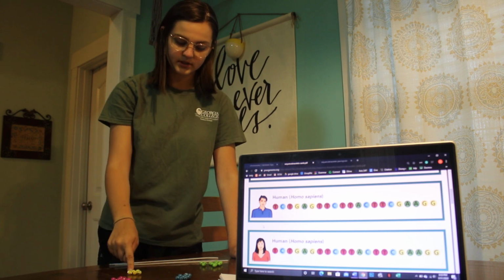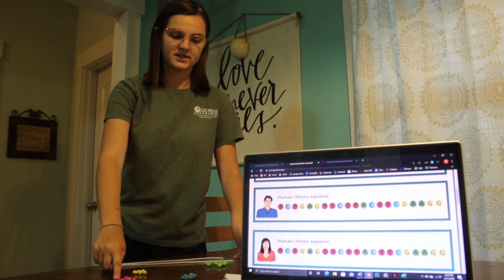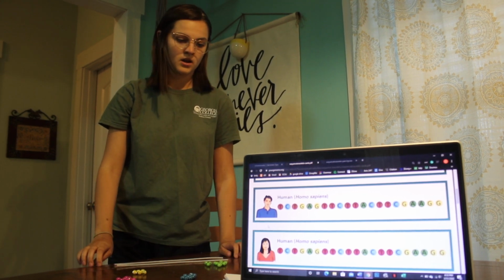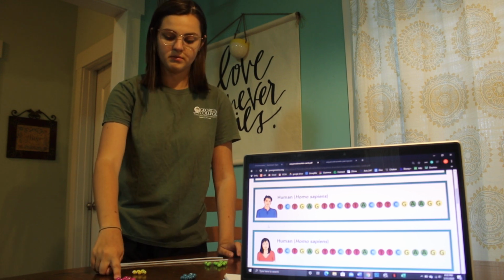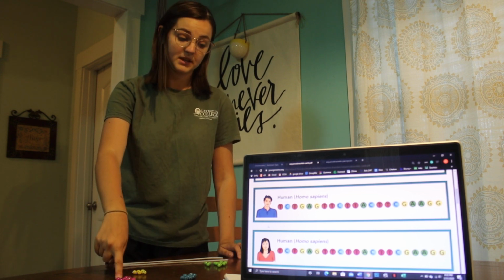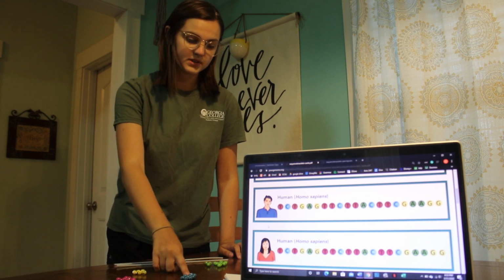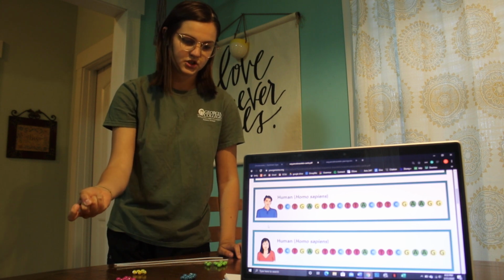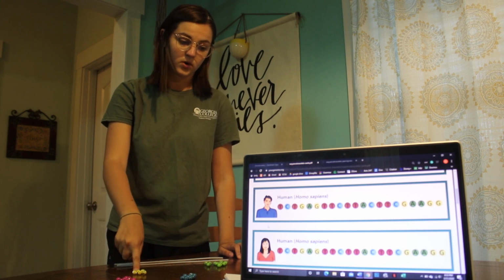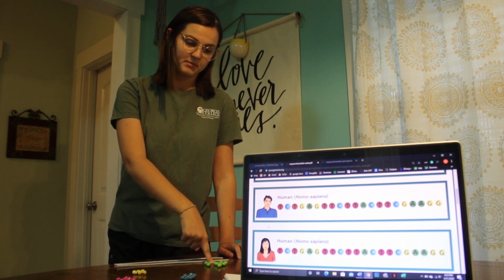So I have blue, yellow, green, and it's supposed to be red, but I have pink today for the purposes of this activity. The red is going to be our T, or our thymine base. Our blue is going to be our C, or our cytosine base. Our G is going to be yellow, or our guanine base. And our A is going to be green, or our adenine base.